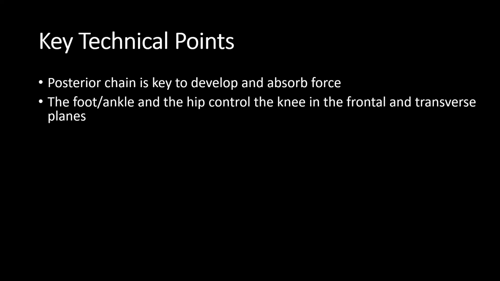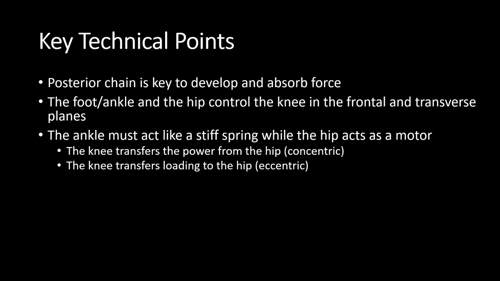So we have to be able to control that motion or resist the motion in the frontal and transverse planes of the thigh and the shin using the foot and the ankle and using the hip. So it's a stability issue there.